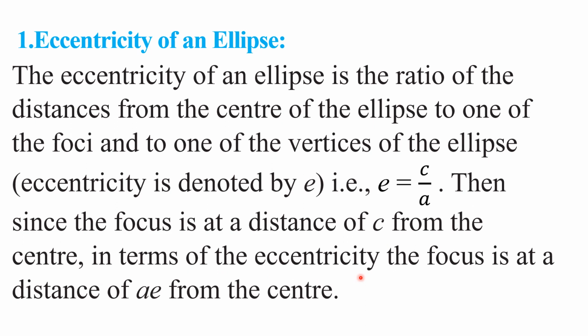In terms of eccentricity, the focus is at a distance of ae. From this equation, we get c is equal to ae. Previously I told you, the letter c denotes the distance of the focus from the center. So in terms of eccentricity, we can define the distance of the focus from the center of the ellipse as ae. Okay, my children, understood this point? Right.